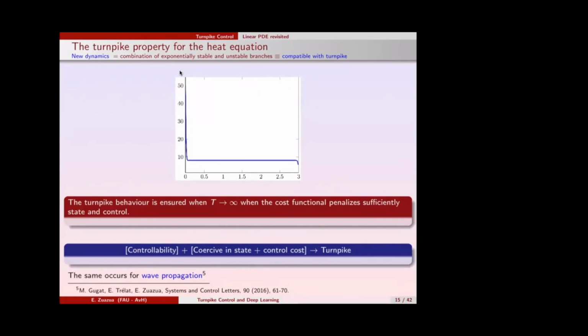So then I repeat, the Turnpike principle will occur, and this is what I am drawing here. This is the Turnpike principle. It occurs, but it occurs only if I consider control trajectories which are achieved as minimizers for a compromise between the state and the control.